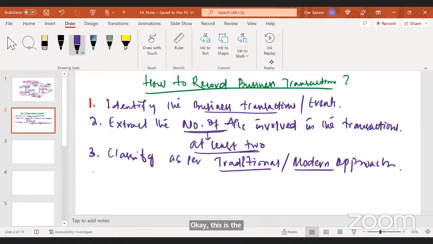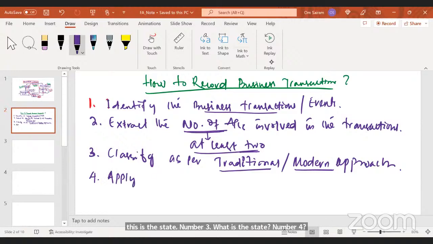What is step number 4? Then apply the rule of debit and credit, as per traditional or modern. In step number 4, we have to apply the rules of debit and credit, because there are certain rules of debit and credit in the traditional and in the modern approach.